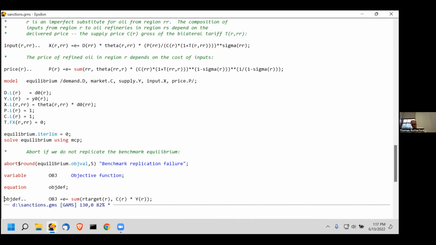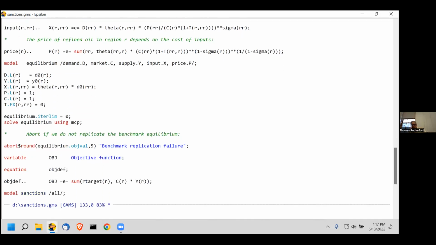So now we write down the model. And again, this is something that Jim skipped, but I'll explain it very quickly. When I write down a model, I want to have a benchmark equilibrium data set. I want to verify that the data I have is self-consistent.